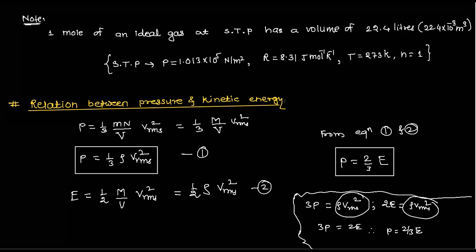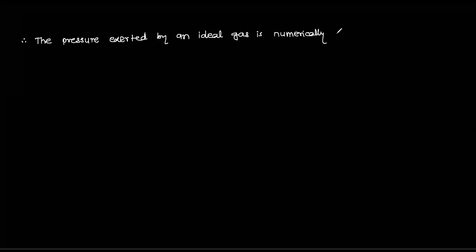So let's move ahead. Next one. Therefore, the pressure exerted by an ideal gas is numerically equal to 2 by 3 of mean kinetic energy.